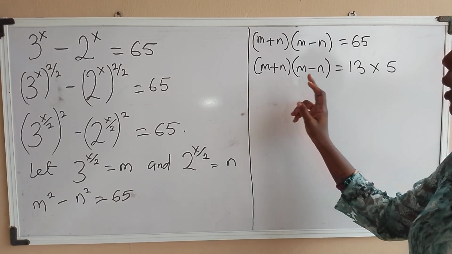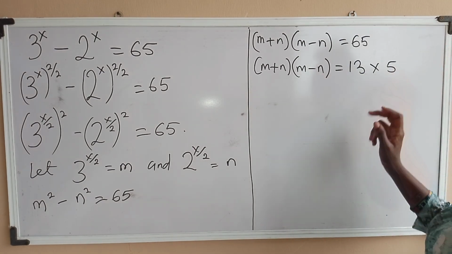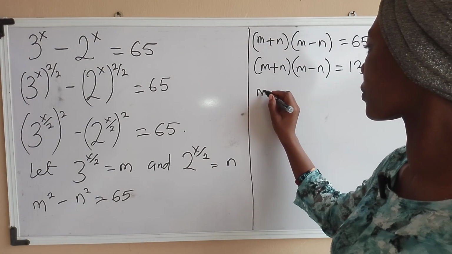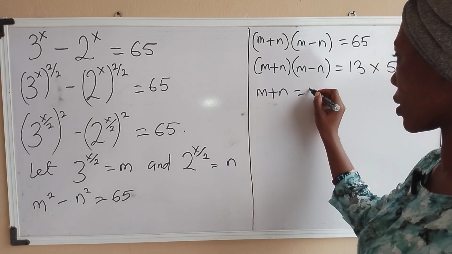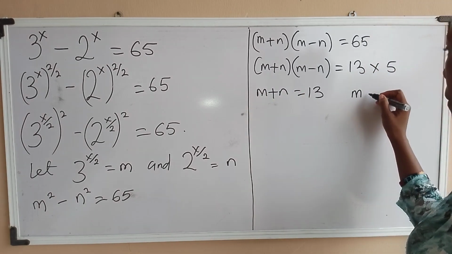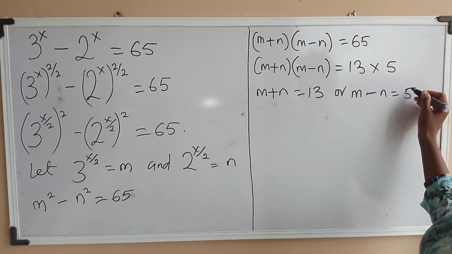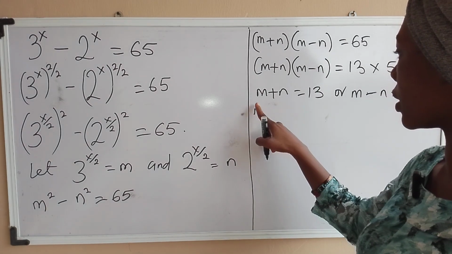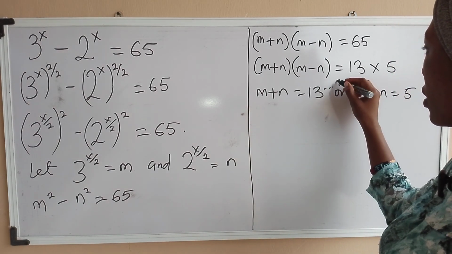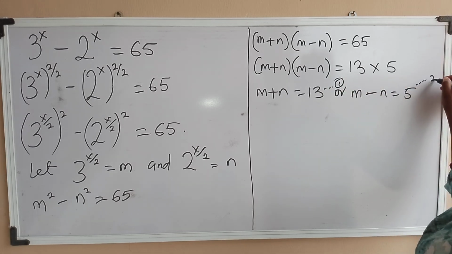So we'll equate this to this and equate this to this. So let's do that. m plus n equals 13. m minus n equals 5. So when we solve, this will now be equation 1 and equation 2.